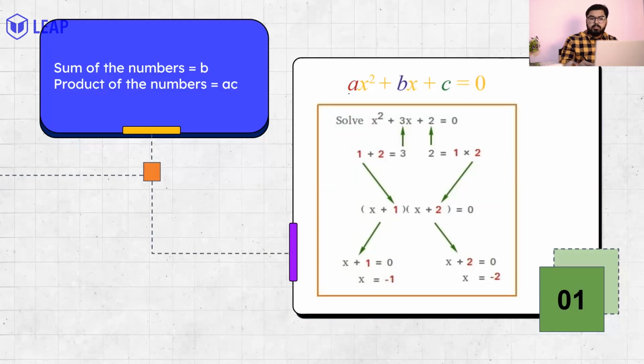So what is the middle term? b. b is the middle term. What is b? b is the coefficient of x.